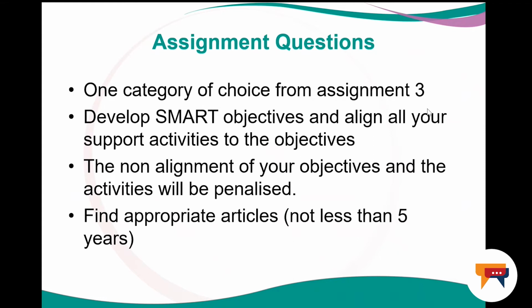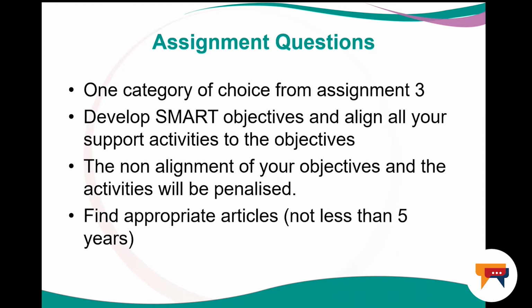Once you have identified or listed the category from your assignment 3, then you can work on your SMART objectives and align them to your support activities. Remember that your activities in this assignment, which is support activities, should be firmly aligned with your objectives.